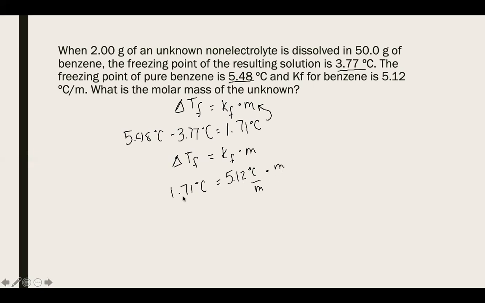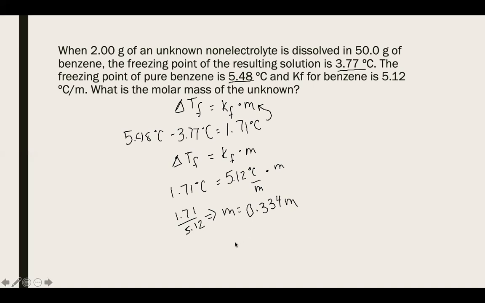So we can just divide 1.71 divided by 5.12, and we get 0.334. So our molality equals 0.334 molal.